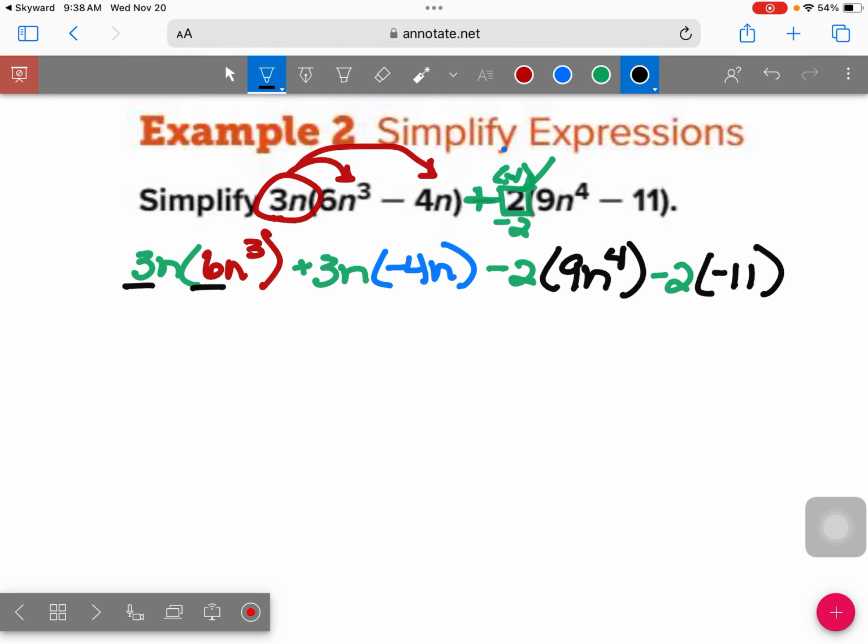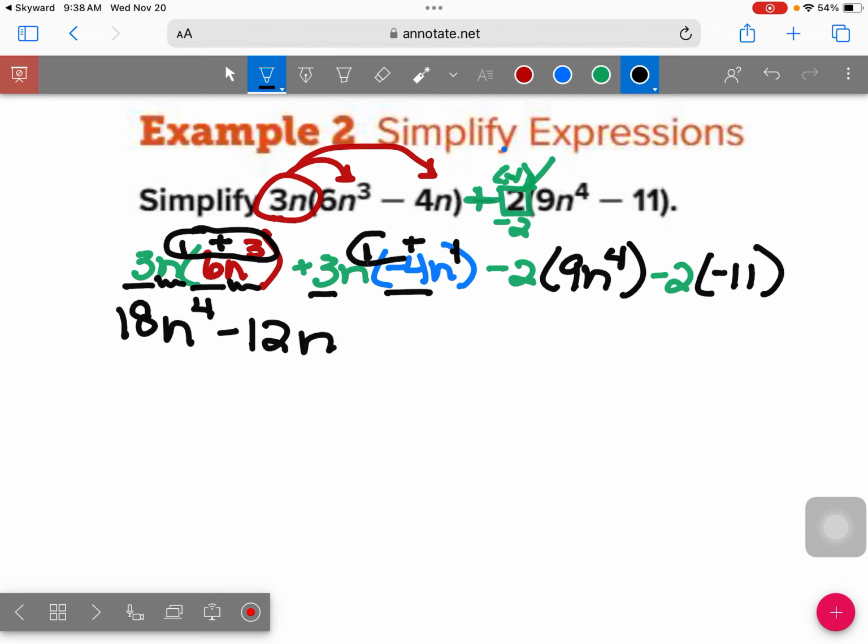All right, so let's put this together. 3 times 6 here is 18. n to the first times n to the third. Add those exponents because they have the same base. So that is n to the fourth. 3 times -4 is -12. n to the first times n to the first.